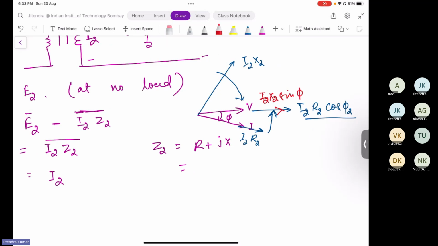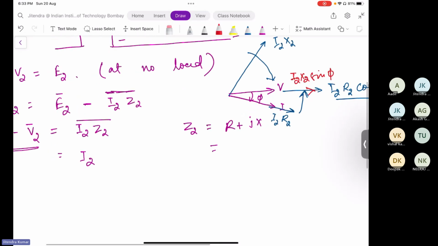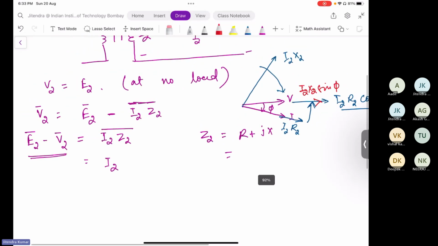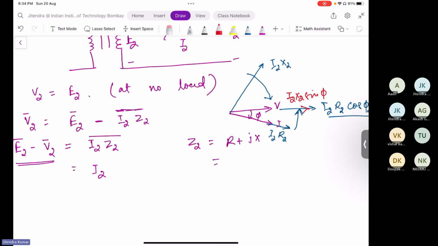Do you agree with it? Yes, sir. So all those things which we have indicated in the phasor, if you want to write in the direction of E2 and V2, you have to write I2 R2 cos phi 2 plus I2 X2 sin phi 2.